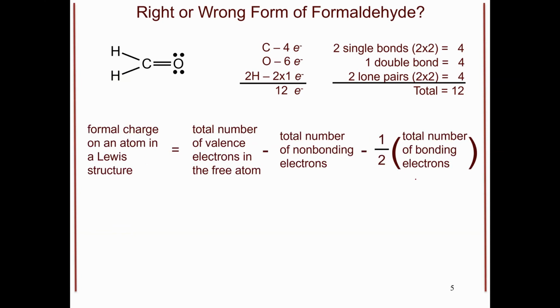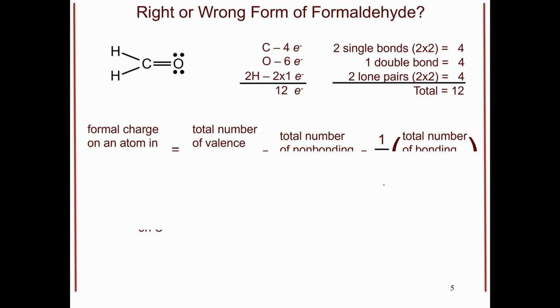So here is our formula once again. So let us go and calculate the formal charge on my carbon. It brought 4 in. It currently has no lone pairs. So we have 0 for our second number. But how many total bonding pairs did it have? Well, it has 4 bonding pairs at 8 electrons. So we would take -1/2 times 8.